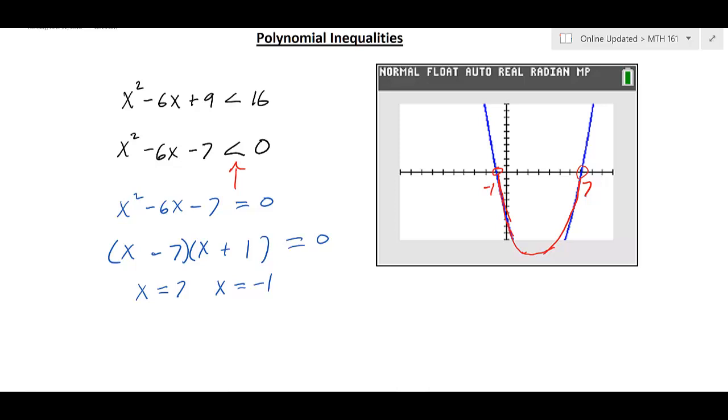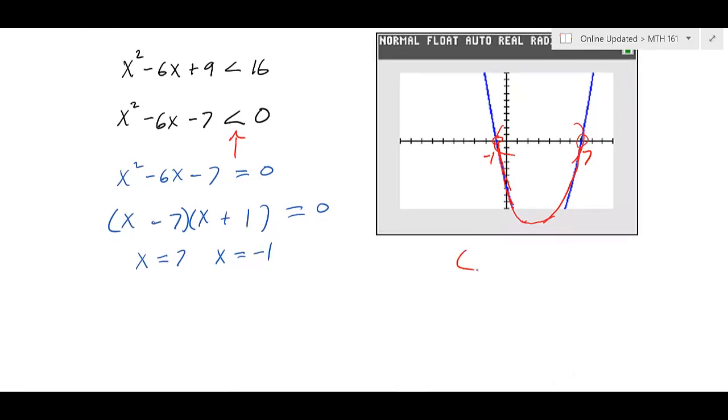So it looks like any values from negative 1 to a positive 7 would give us negative values down here. So therefore, the solution to this inequality would be any x value that is greater than negative 1 but less than a positive 7. So we can actually write that in interval notation, negative 1 to 7.